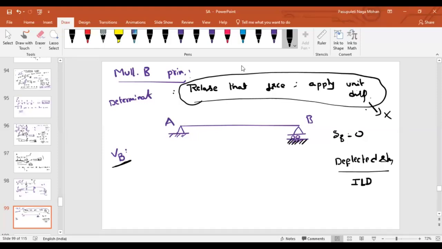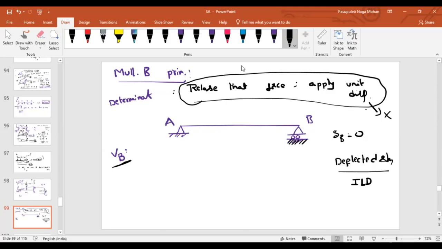Is it clear? What is the first point? You have to release the force along the direction you want. If you want to find the vertical reaction at B, you have to release that force and then apply the unit displacement. And then whatever deflected shape you get, that is your ILD.